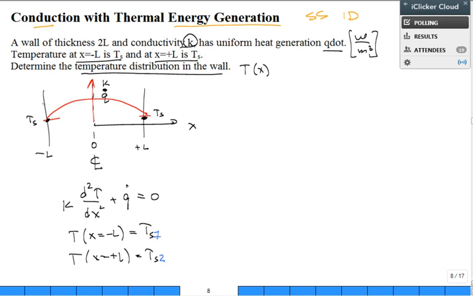All right, let's put Ts2 right here. This is Ts1. Let's make Ts1 greater than Ts2. Leave this one to be Ts2. All right. What happened to my temperature distribution? Is the maximum still in the middle? Right smack in the middle?